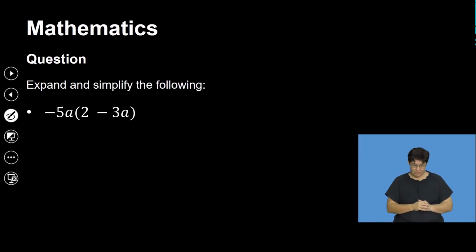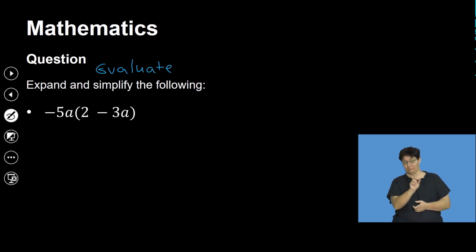So the question always will either be expand and simplify the following, or they will just leave it as expand the following terms. Sometimes when they're trying to be then extra, they can say evaluate the following, which really means one and the same thing. So you just need to look out for those words, but they really just mean the same thing.